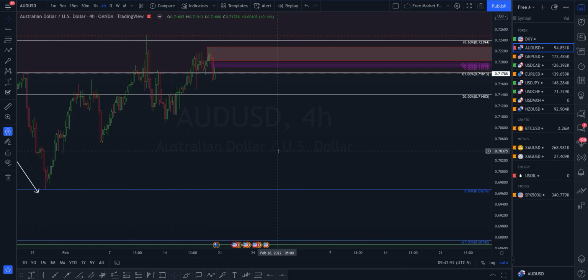Okay. So the market needs to fill this imbalance. All right. We do have a 4-hour supply zone that has not been mitigated yet. So we could see this market fill this imbalance, tap into this supply. We would love to see it tap into the 50% and push down. Let's do it like this.